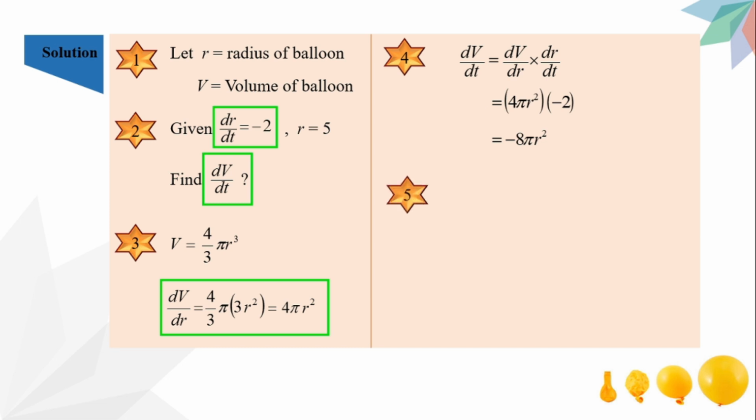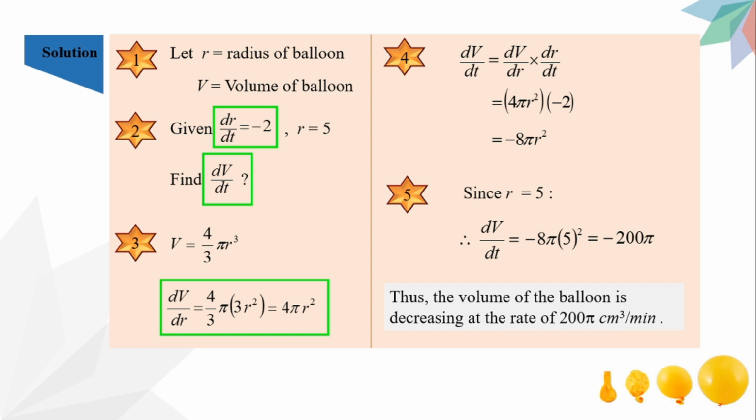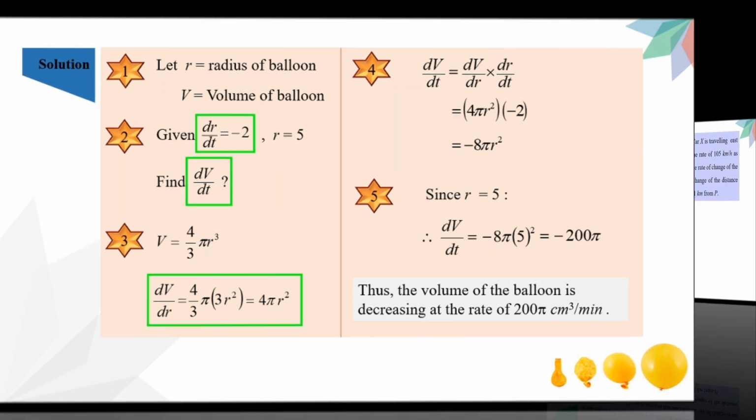Hence, we calculate dV/dt by substituting r equal to 5, and the value of dV/dt is -40 pi. Lastly, we write a statement as follows. Thus, the volume of the balloon is decreasing at the rate of 40 pi cm cubed per minute.